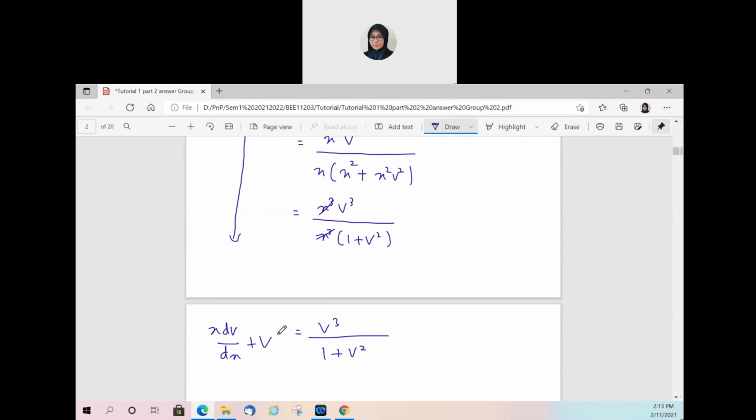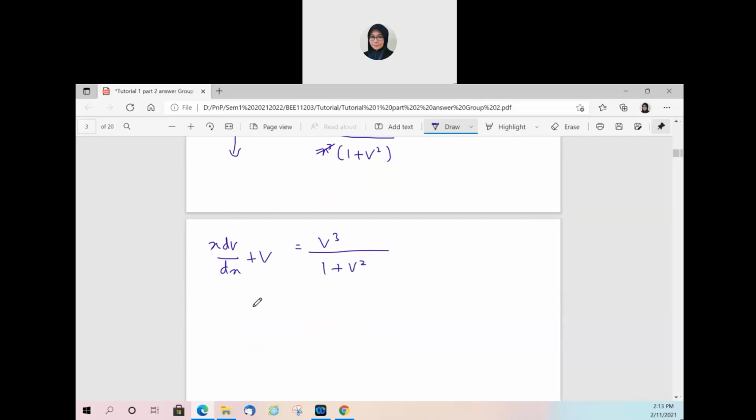Then this v, we bring to this side. Our equation will be x dv over dx equals v cubed over 1 plus v squared minus v.